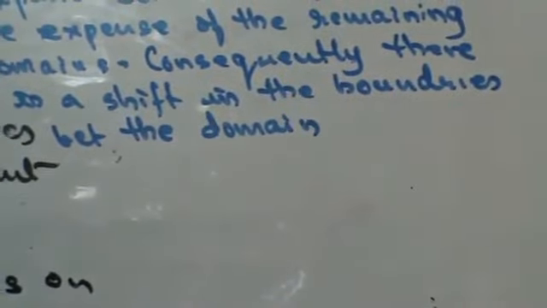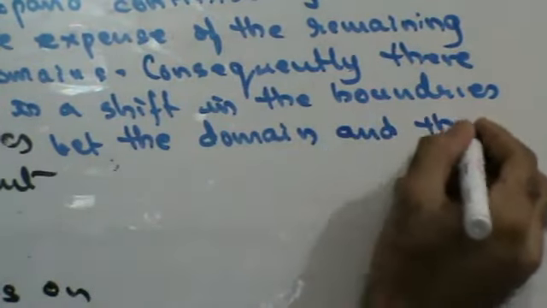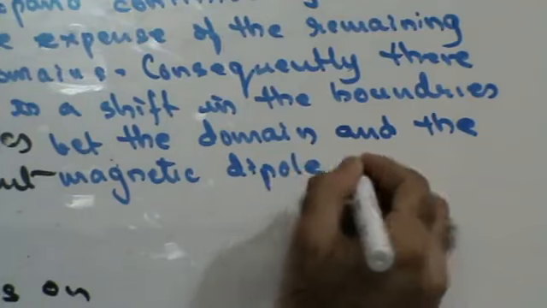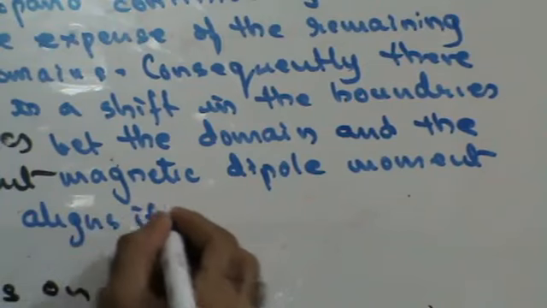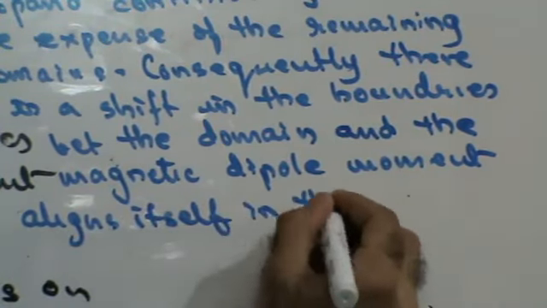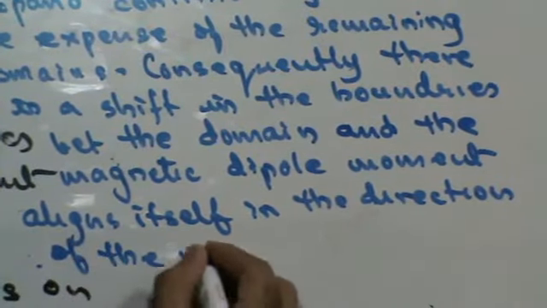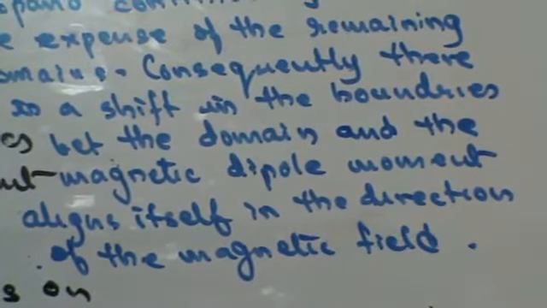All of them are aligned in the same direction, and ultimately the magnetic dipole moment aligns itself in the direction of the magnetic field, right?